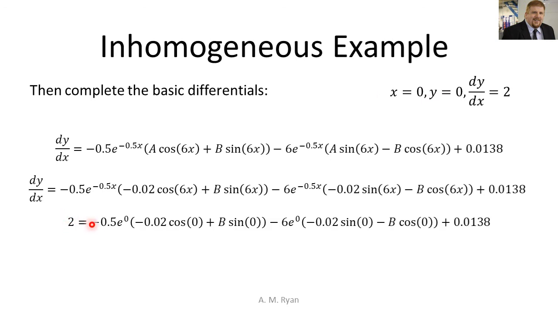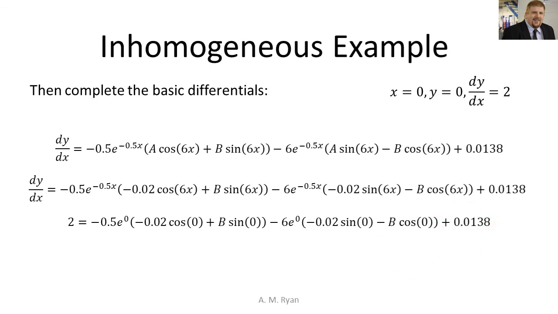So 2 is minus 0.5 e to the 0 times minus 0.02 cos 0, cos 0 is 1, plus b sin 0, sin 0 is 0, e to the 0 is 1, and that is still 0.0138.